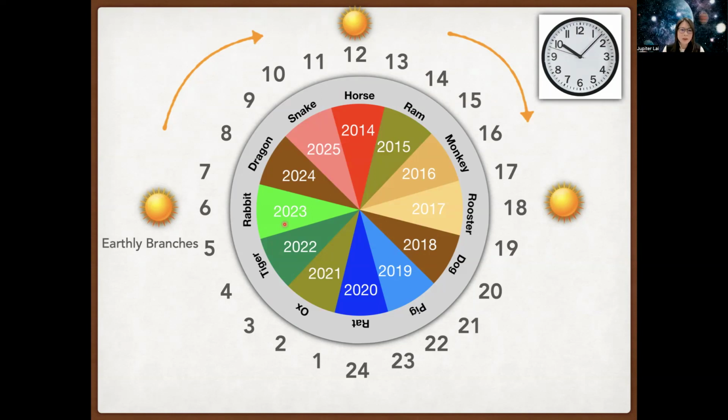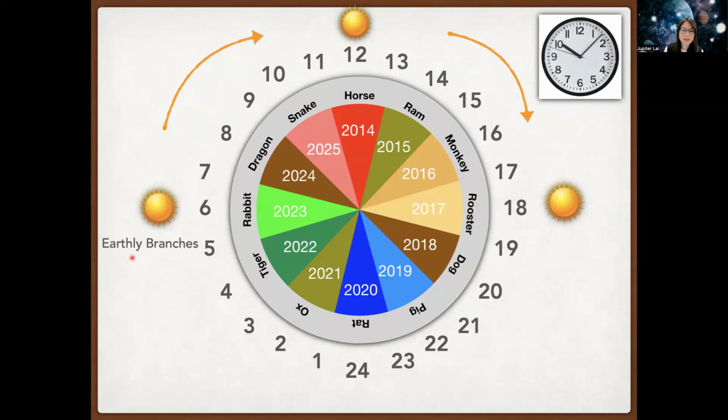So indeed, it is quite similar to Western astrology in terms of houses. But for Western astrology, the houses have some astronomical basis. Here it is just dividing the 24 hours into 12 parts of 2 hours, regardless of the position of the sun. Each time slot is represented by an earthly branch, so the 12 slots have 12 earthly branches.